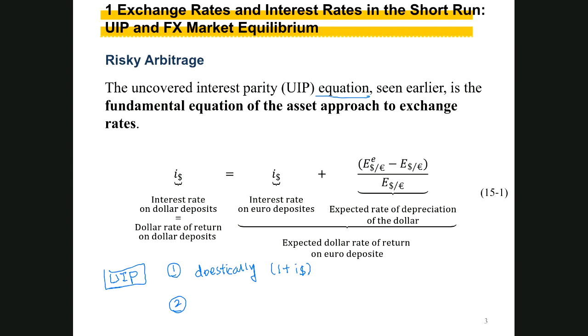So the second method to keep your asset means you could save your money internationally. It means you convert your currency to the foreign currency at the very first stage, then put your money into the foreign bank, and then convert it back after a year, right? So we will get what? This is something we will get.